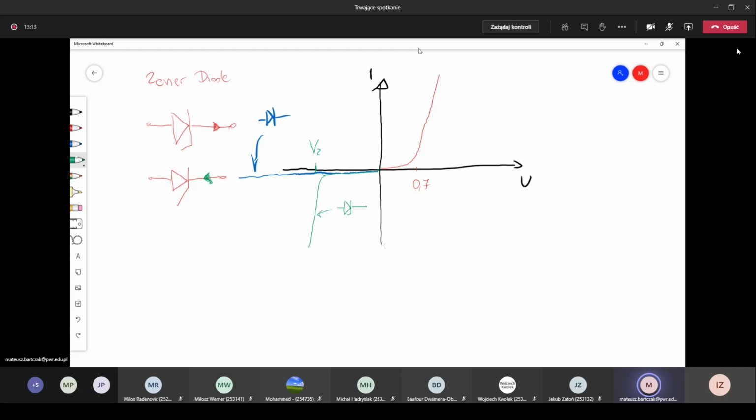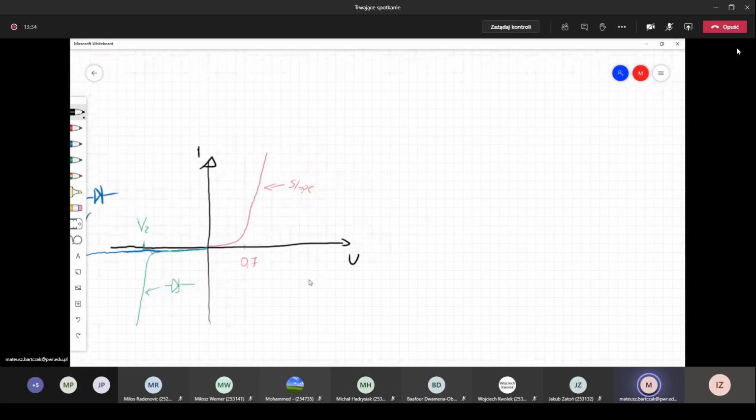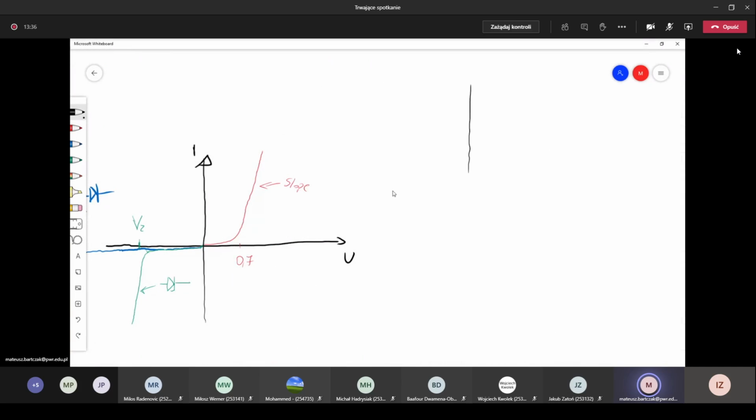Okay, so here we have the slopes. Here we have the slope, and here as well, because this characteristic looks more realistic. Because when we want to use the ideal model of the Zener diode or the rectifier diode, here we have the voltage, here we have the current.